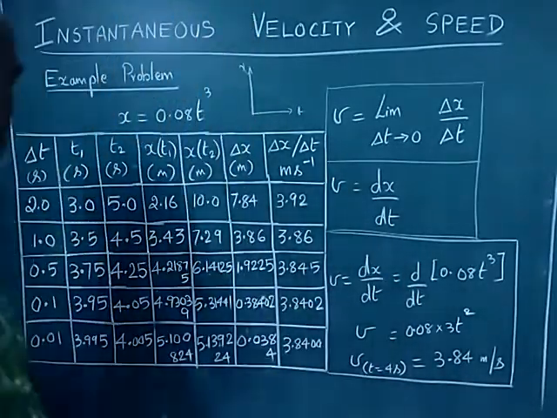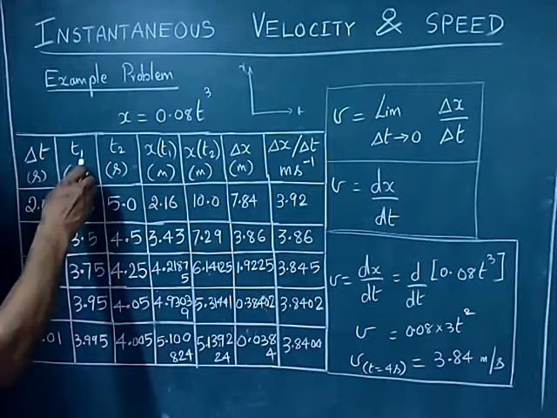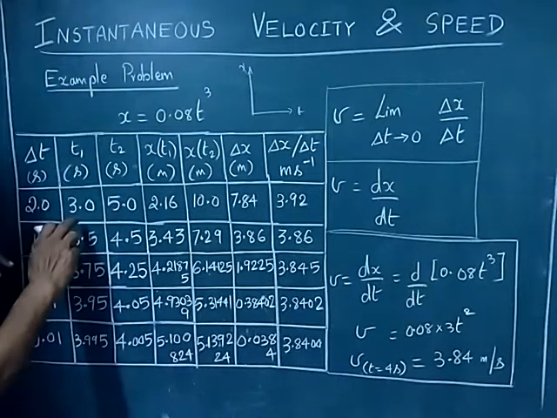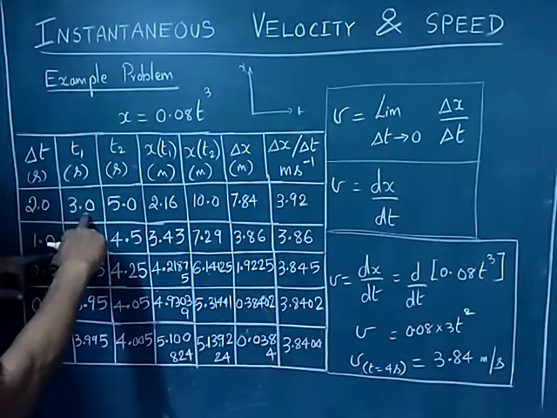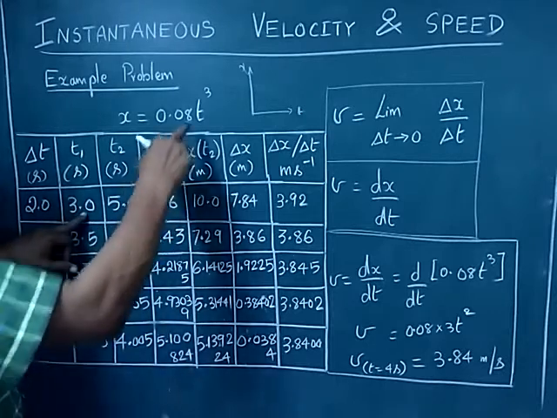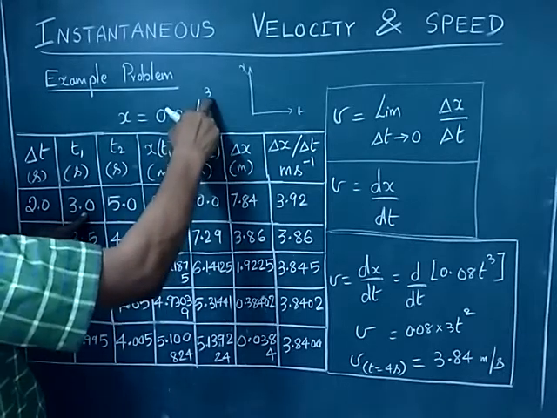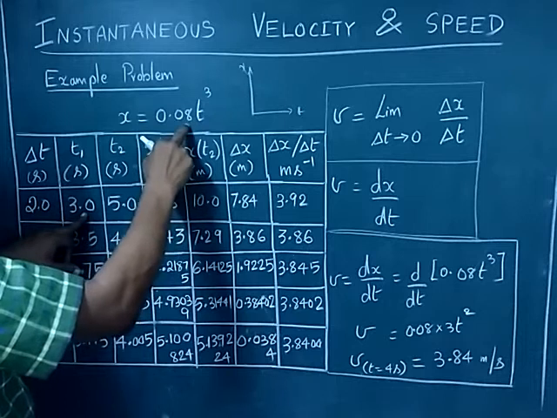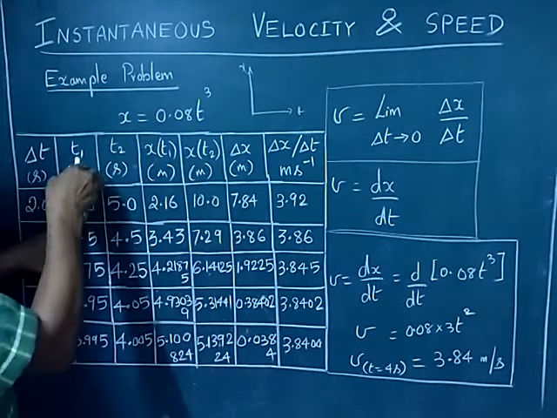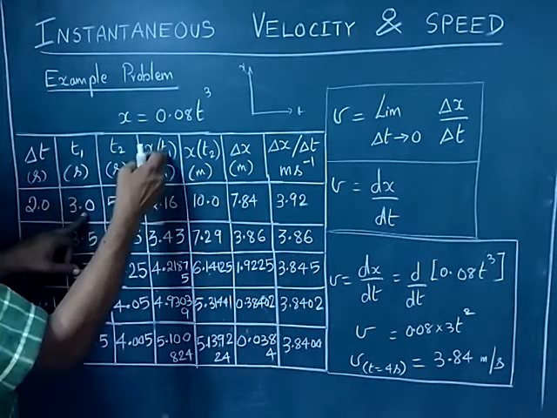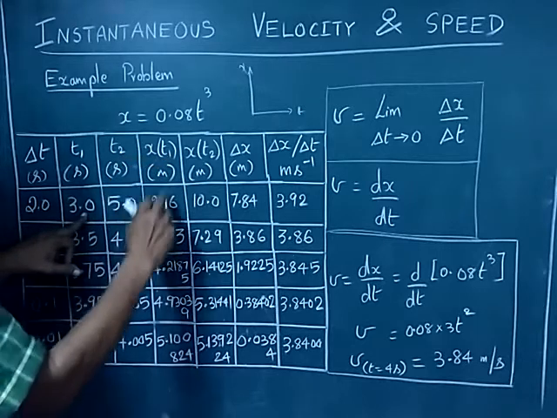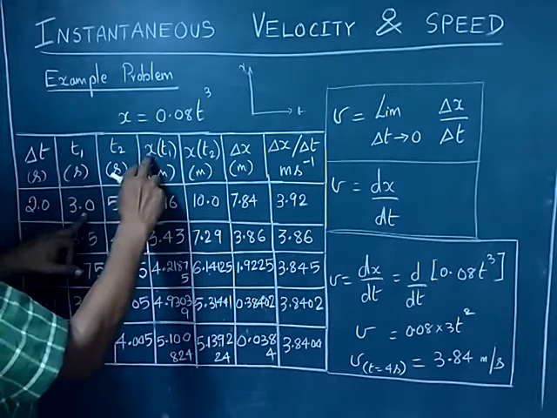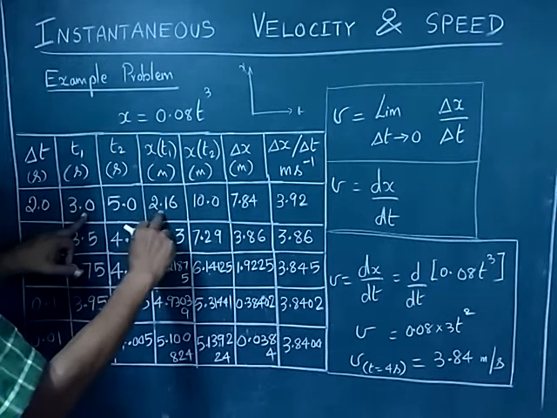First, t1: I am taking 3 seconds. Substitute this 3 here, 3 cube multiplied by 0.08 will give you x. So when t1 is 3, the distance x at t1 is 2.16.